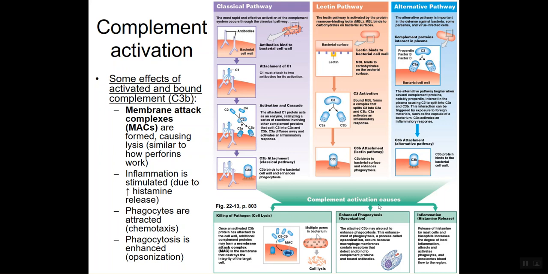Just, again, putting a handle, so to speak, on the surface of the bad guy to make it easier to grab onto and eat. All right, so that's the key core stuff that we need to know about complement. Definitely do not worry about every single step and every single numbered complement protein you see on all of these figures here.